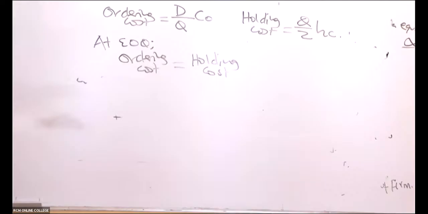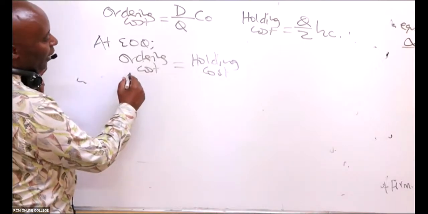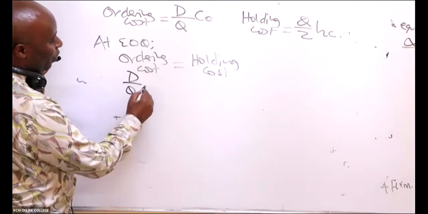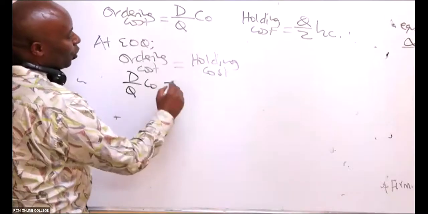And we have just said that our ordering cost is D over Q multiplied by what here, somebody? Which will be equal to who on the other side?